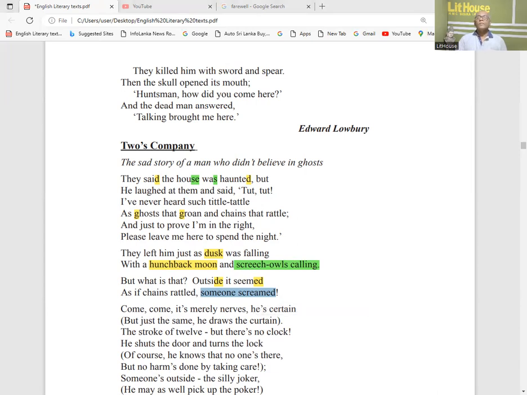Assonance means vowel rhyming within a line. Vowel sounds.